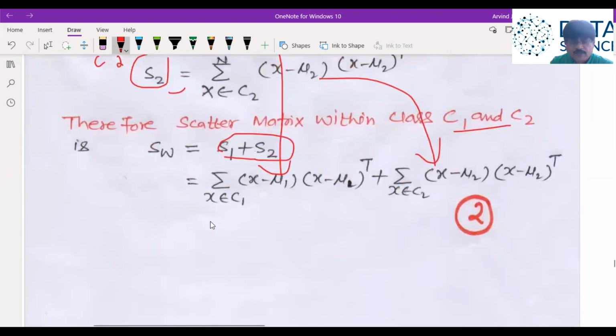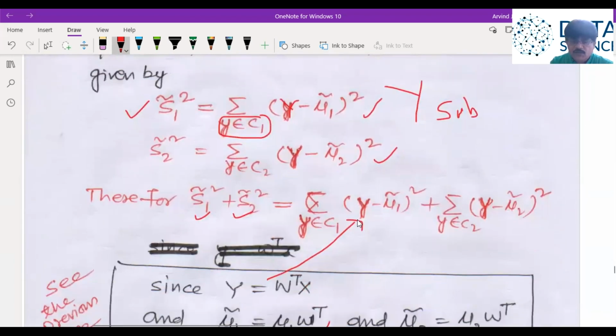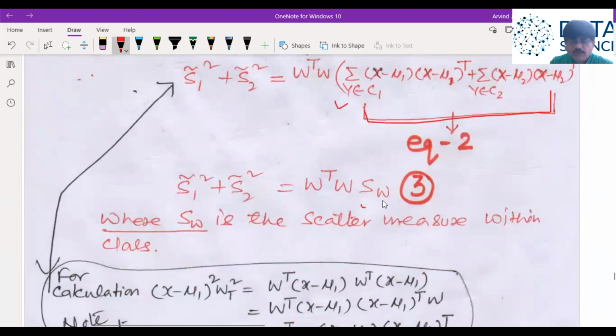Okay, this much is SW. SW is called the scatter measure within class, right? So I am giving it the name SW. This part is the value of SW.